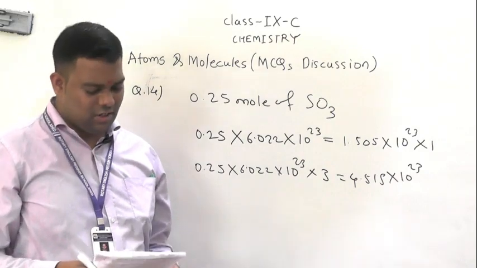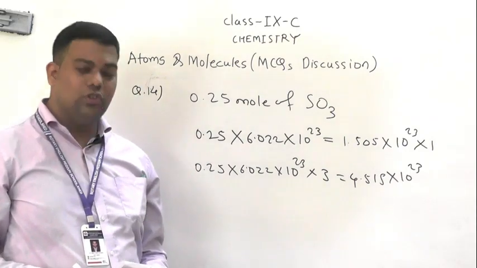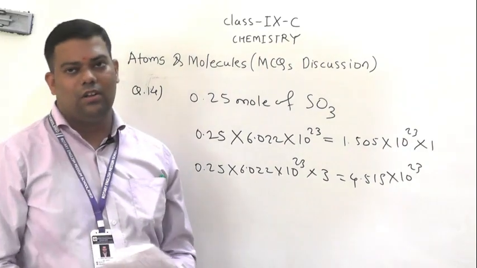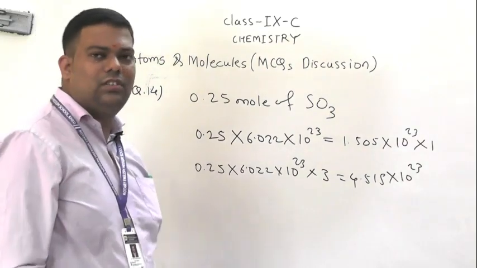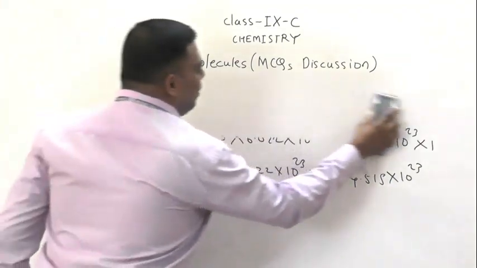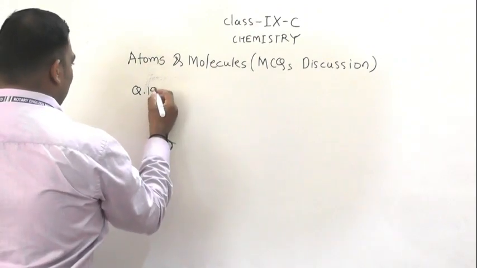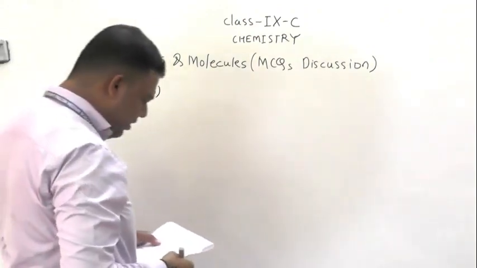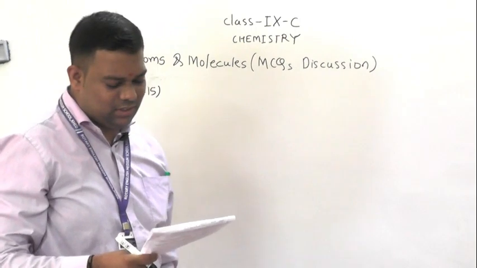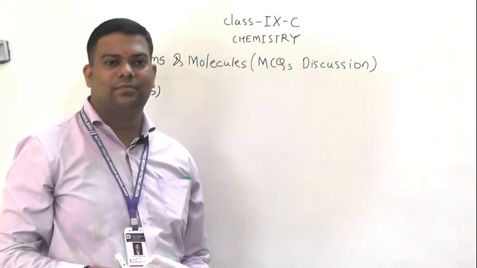So concentrate on this. And your last question, question number 15 of this MCQ worksheet. See what they are asking in that. Calculate the number of gram atoms present in 103 gram of barium.